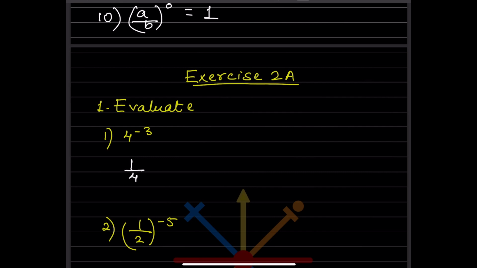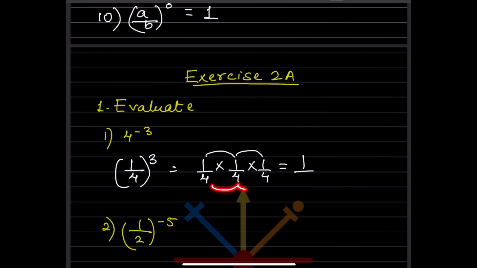That is the answer. What are you going to do here? You are going to multiply 4 three times, as I said, that is the repeated multiplication. So the numerator is going to be 1, and in the denominator 4 fours are 16, and 16 fours are 64. So you will write here 64.